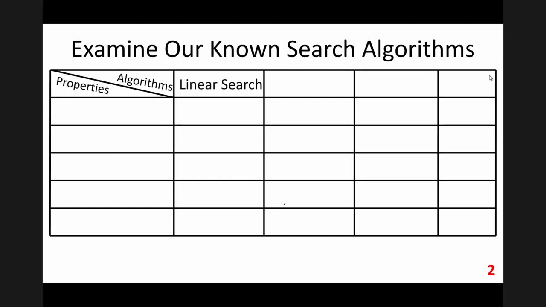Linear search here, binary search here, right? And then there is another one, not very popular. Here, this column, I want to put another search algorithm. Nobody noticed that, but it's important, we put here, index search.